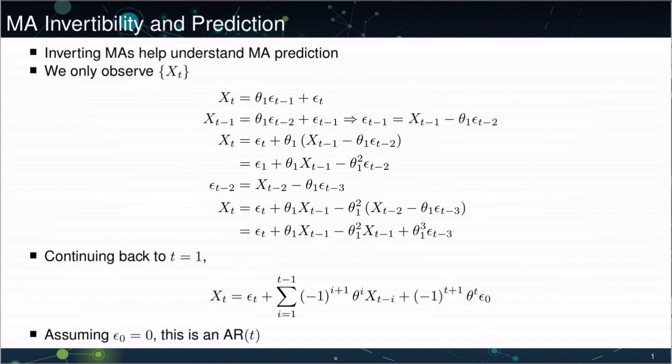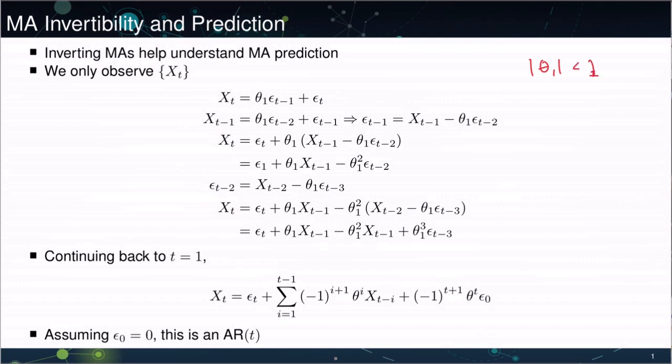To better understand how moving averages are related to forecasts, it's useful to have an insight into inverting a moving average. In the course, we looked at inverting an AR into an MA infinity, but we didn't spend a lot of time doing the opposite, which is inverting an MA into an AR infinity. So here, we need to assume that theta 1 in absolute value is less than 1.